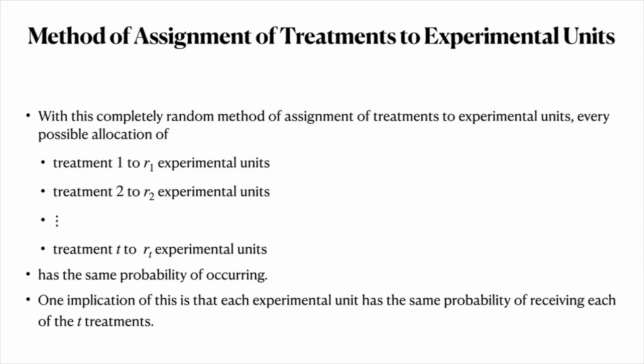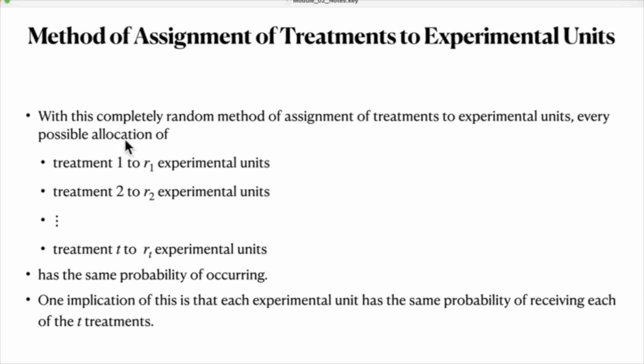Now, what are the implications of this method of assignment? Well, with this completely random method of assignment of treatments to experimental units, every possible allocation of treatment 1 to R1 units and treatment 2 to R2 experimental units, and so on, down to treatment T being allocated to RT experimental units, they all have the same probability of occurring.